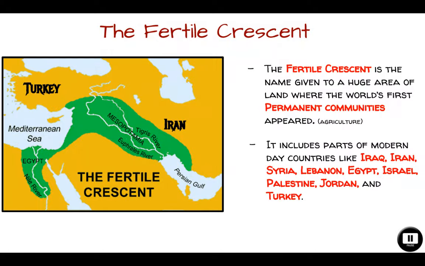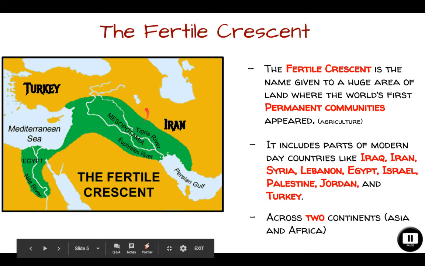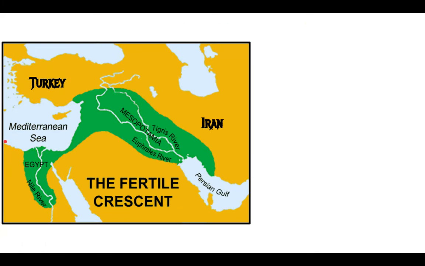And it includes modern day countries like Iraq, which was ancient Mesopotamia, Iran, Syria, Lebanon, Egypt, Israel, Palestine, Jordan, and Turkey. So it's a very large area of land, and it spans across two continents. It spans across Asia, and it goes into the northern tip of Africa and Egypt.